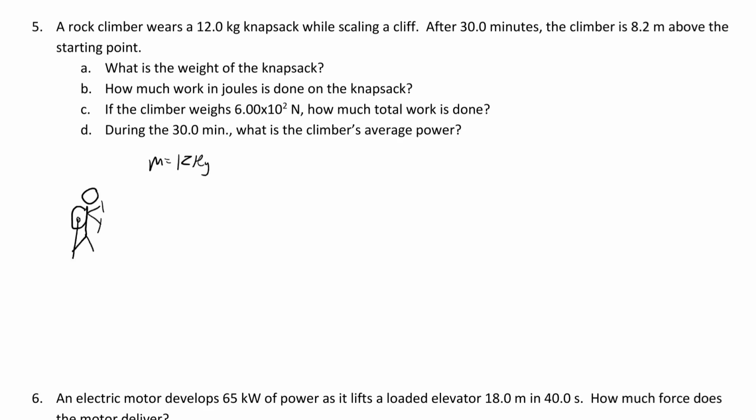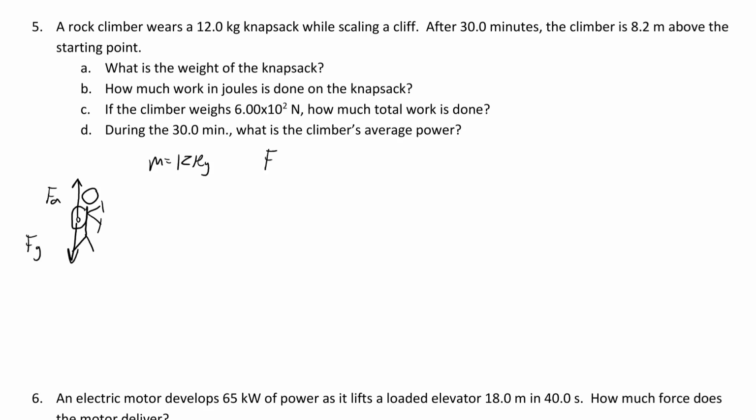The force due to gravity on that backpack is equal to mg. So we want to know what the force due to gravity is so we can know what the applied force going up is. This is FA. They're equal to each other, so we have to figure out what the FG is.